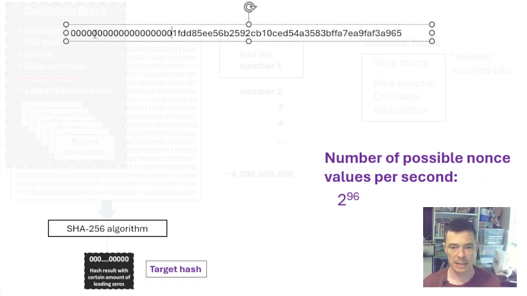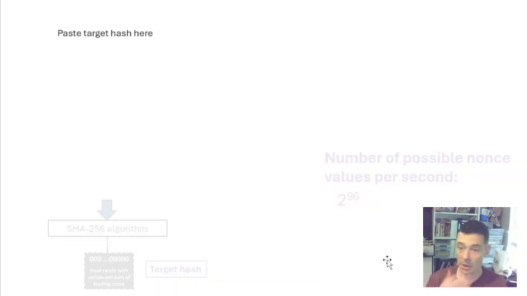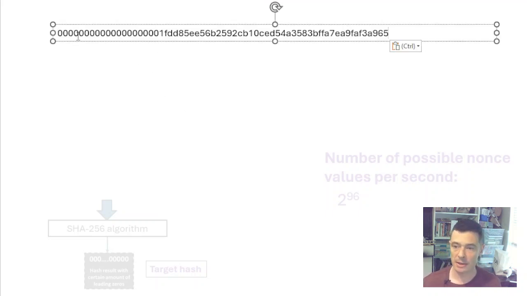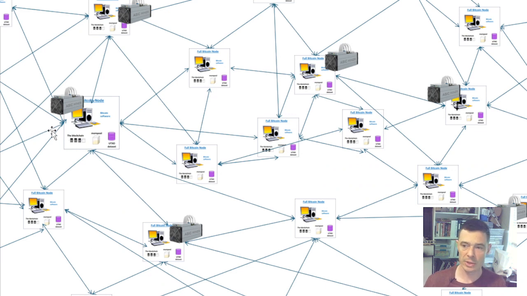So there's 19 hexadecimal zeros, which means there are 76 leading binary 0 bits. Quite a bit. That's the current hash rate, and we're going to come back to this when we talk about the difficulty adjustment. But that is not a small amount of zeros, and the work required to get those leading zeros.